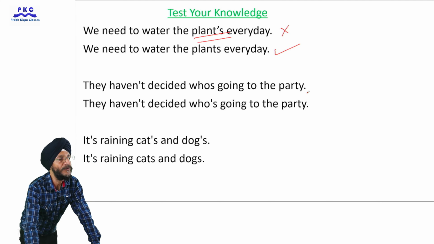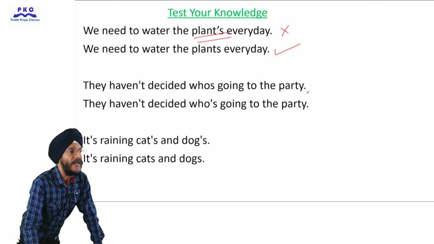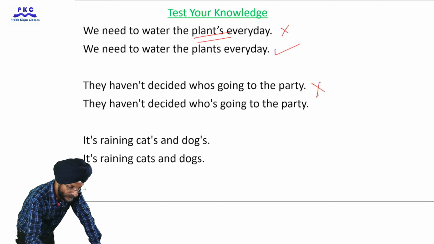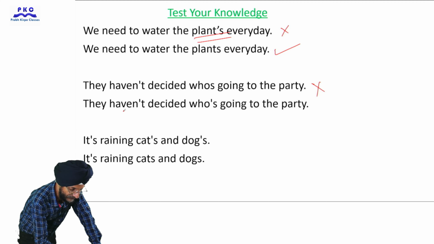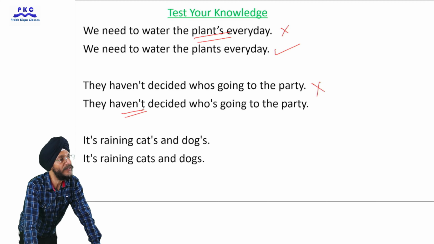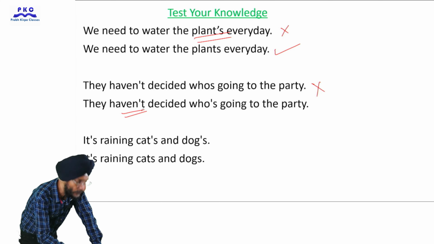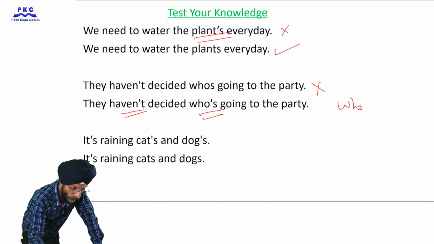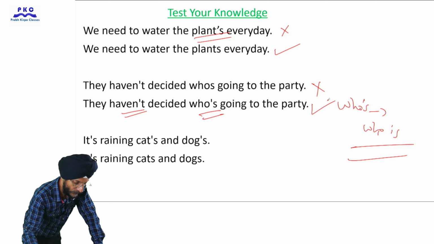Here the apostrophe has not been used properly in the first sentence. In the second sentence, they haven't, here it is proper. Haven't is also okay in the first sentence. In the second, it is also proper. Who is going? Here, who apostrophe s stands for who is. So it is okay. Who is going?